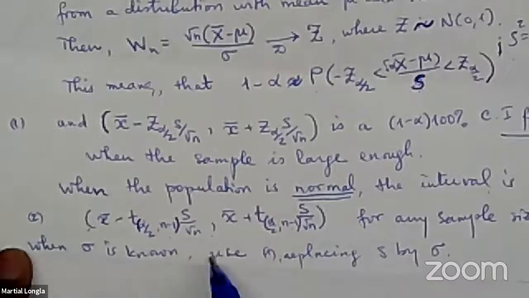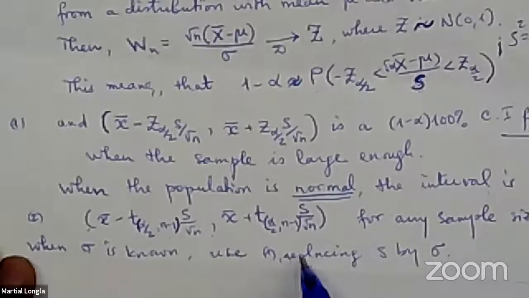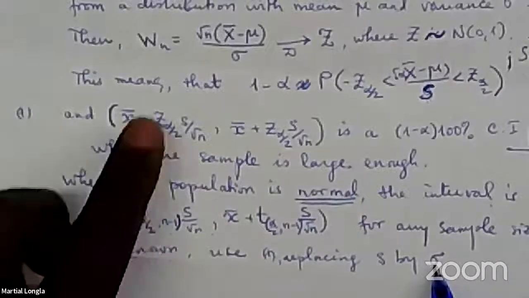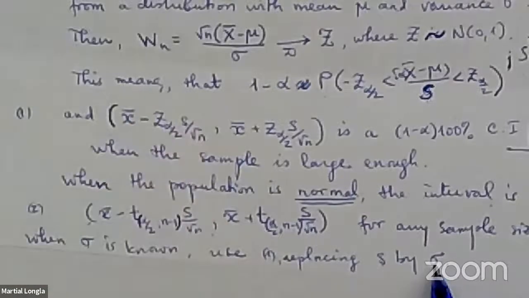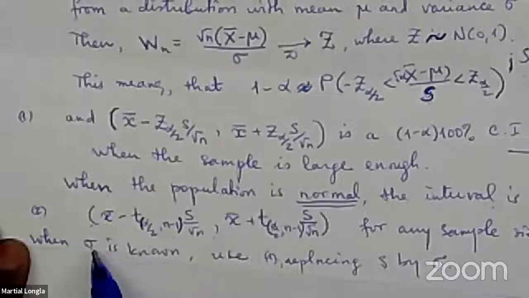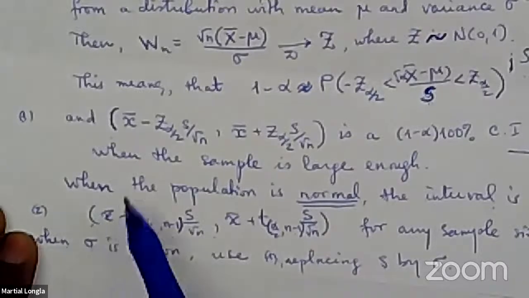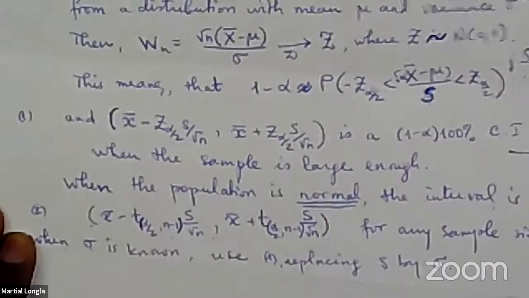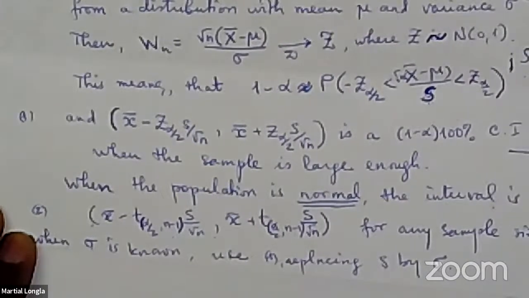So in that case, you are going to replace S by sigma in this other formula. So when the variance is known, you use this formula with sigma instead of S, even in the case of the normal distribution. Okay.